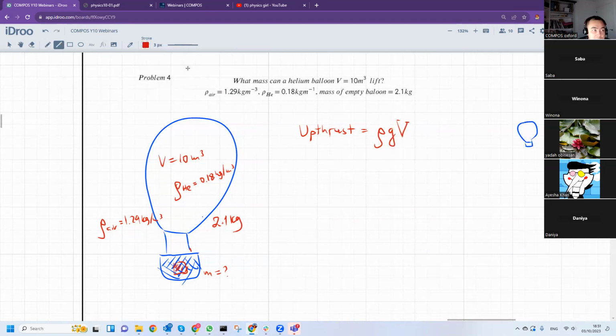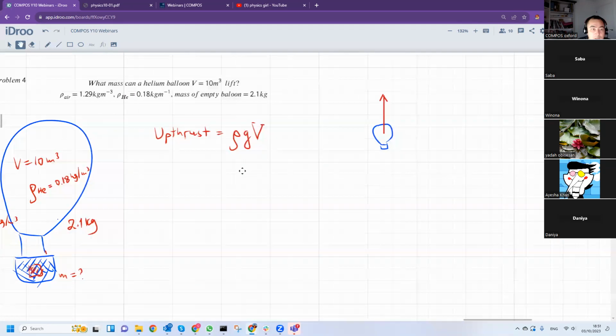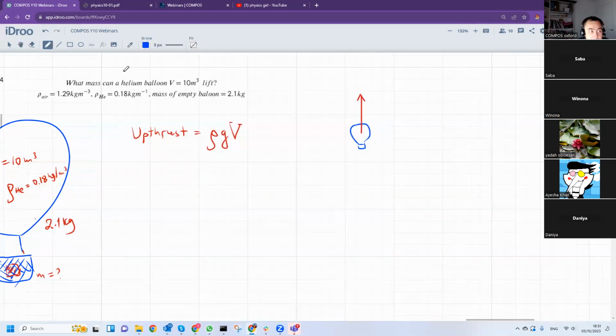We have the upthrust force. We have the weight of the empty balloon. We have the weight of the helium inside the balloon. And we have the weight of the mass that is attached.